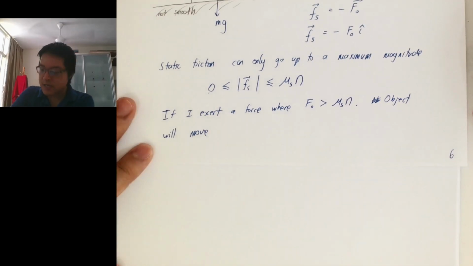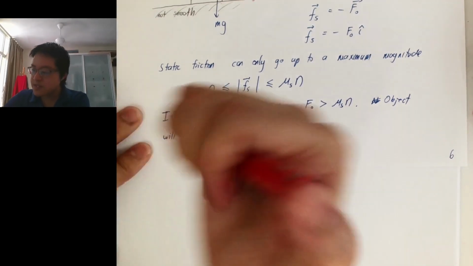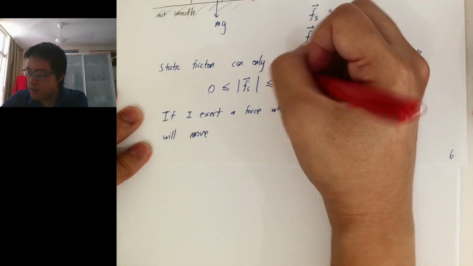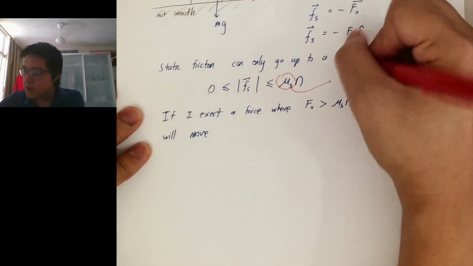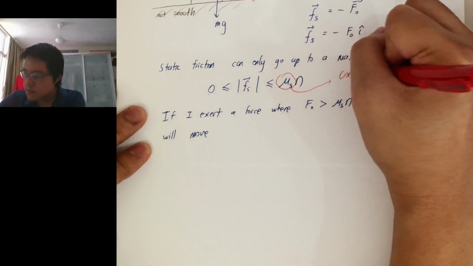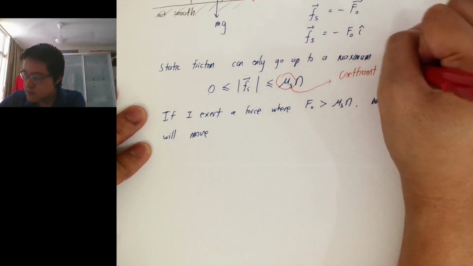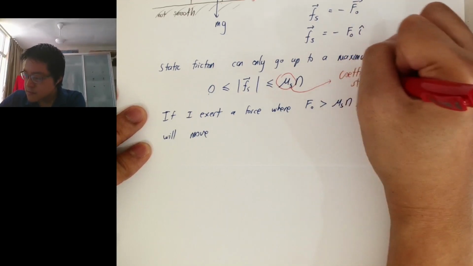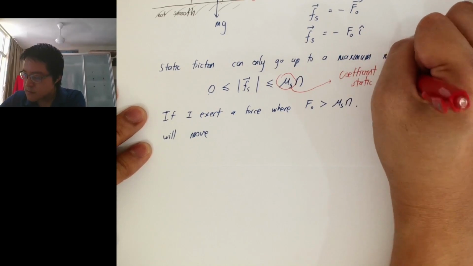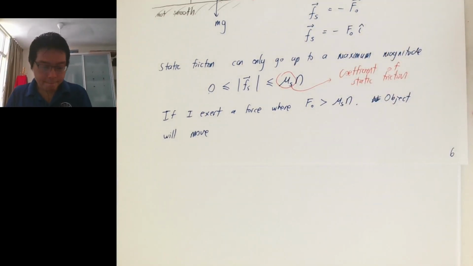And I forgot to say, what is this? This is mu s. So this mu s is the coefficient of static friction. Okay, everyone follow so far?